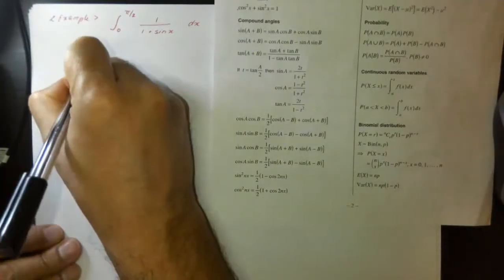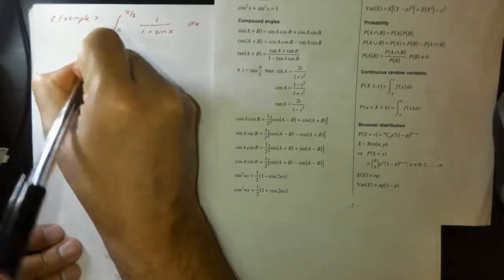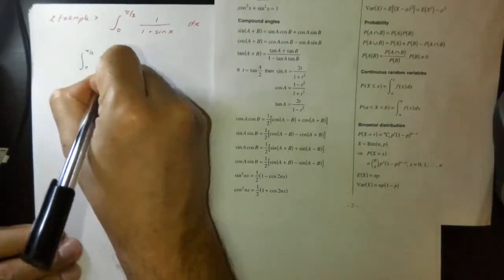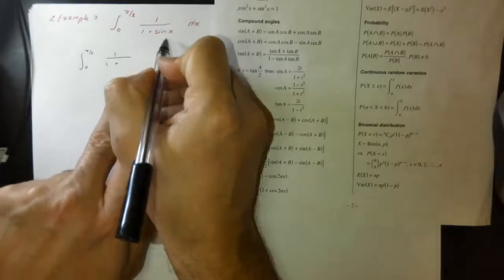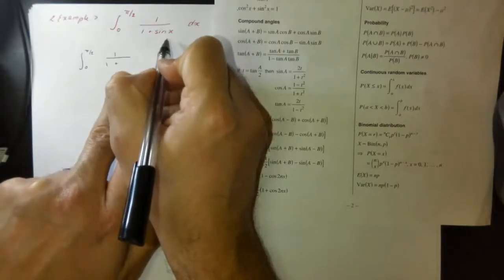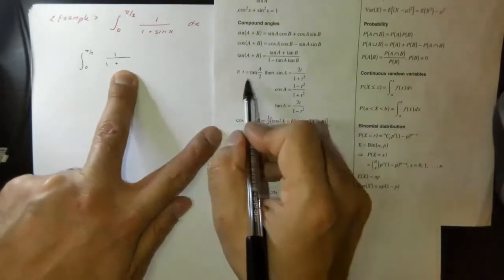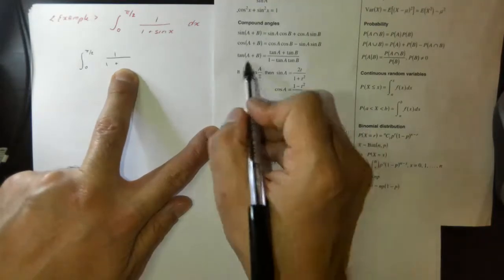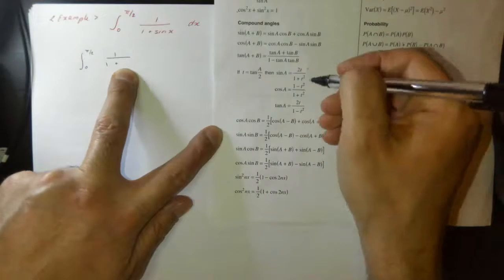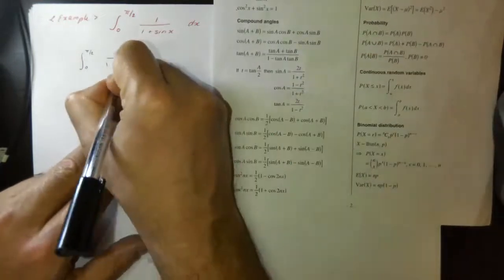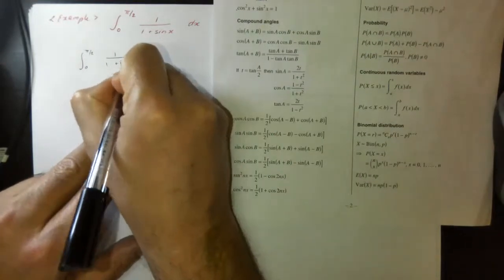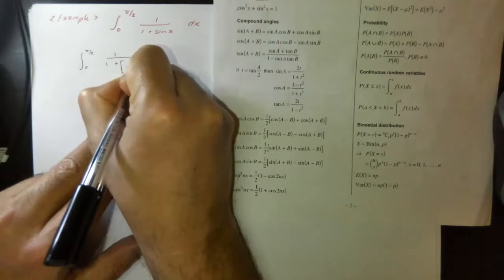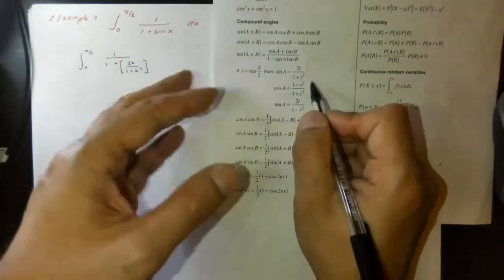It says, instead of writing sine x, I need to write what it equals in terms of t equals tan alpha over 2. So sine x is 2t over 1 plus t squared, using what the formula says.